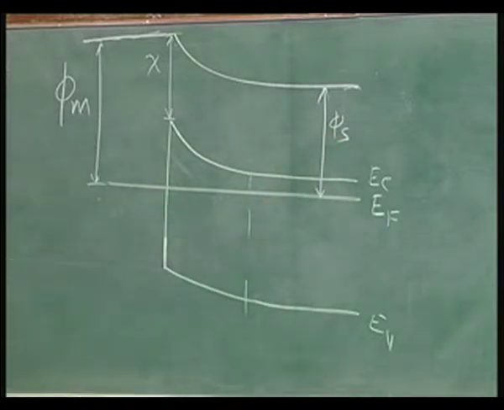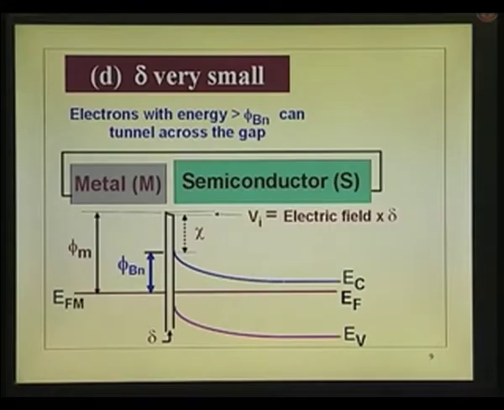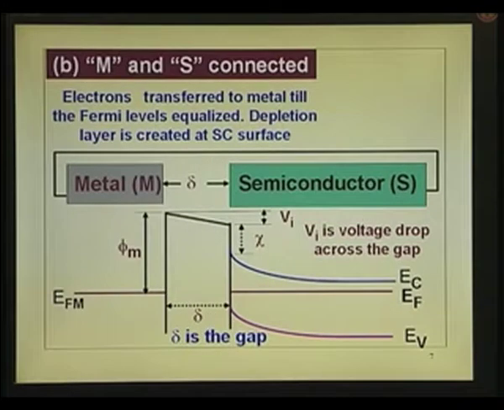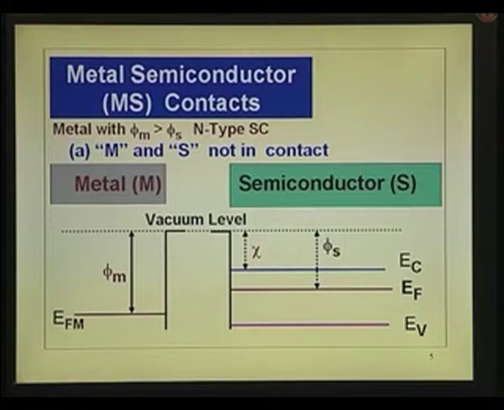You go back to this diagram and see, the starting diagram, just notice here, right at the beginning I have put it there, phi m is greater than phi s. That means actually the difference between the vacuum level and Fermi level here is more than the difference between the vacuum level and Fermi level there, which means the Fermi level here is above the Fermi level there.